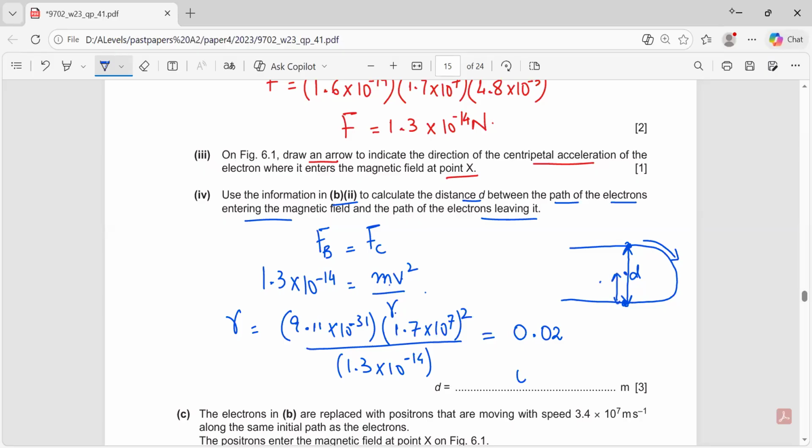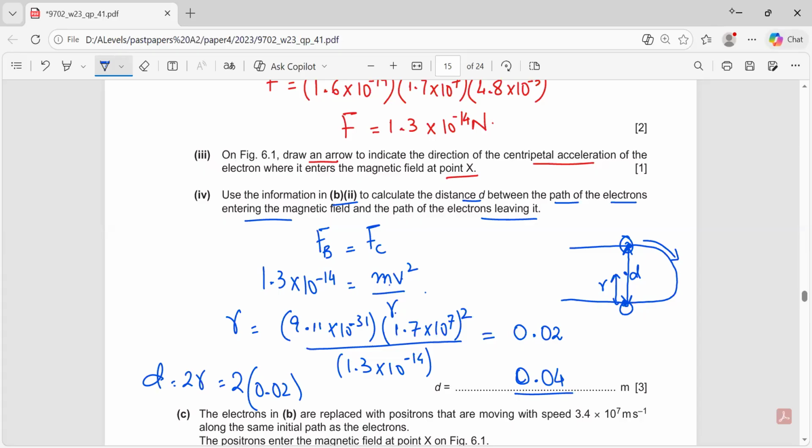So what will this total d be equal to? d will be equal to 2r. d is the diameter of that circle, which is twice the radius. So it is 2 into 0.02. This will be equal to 0.04. So your distance between the starting point and the ending point will be how much? 0.04 meters.